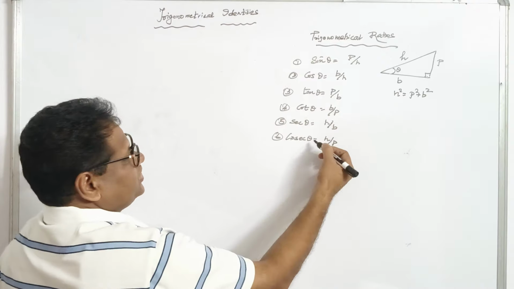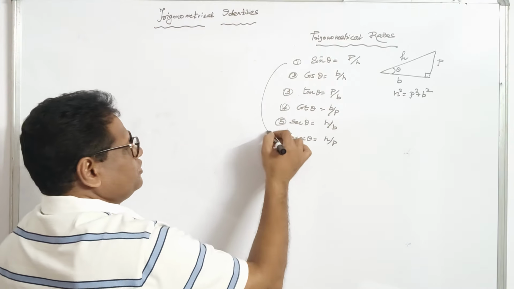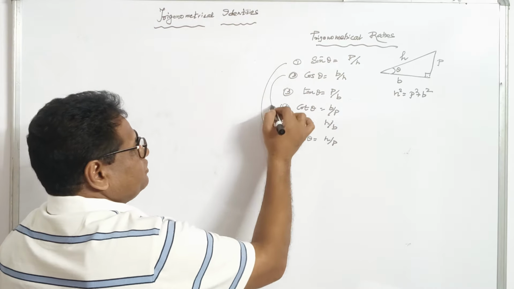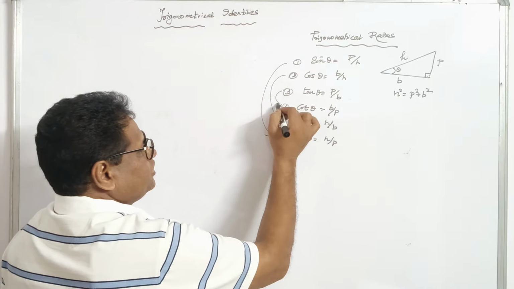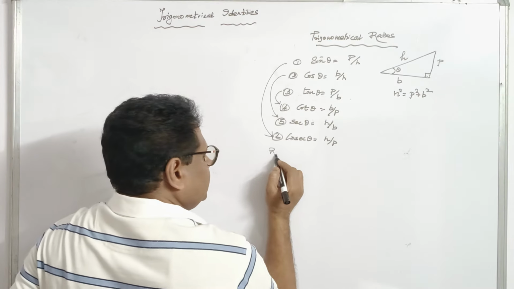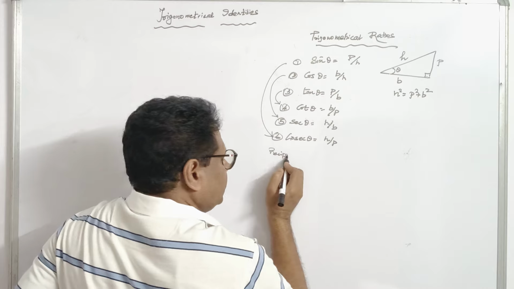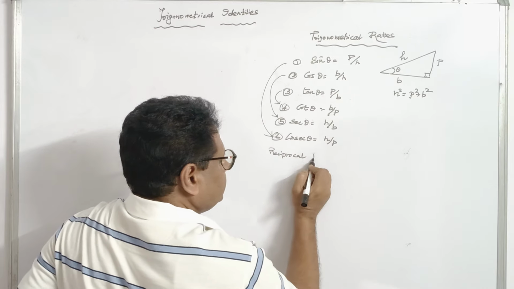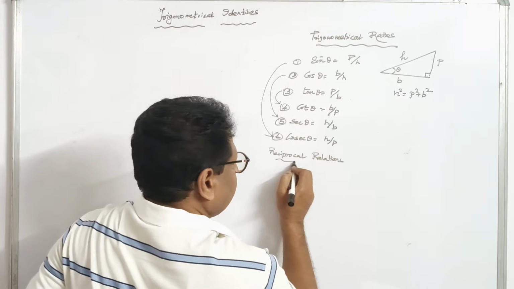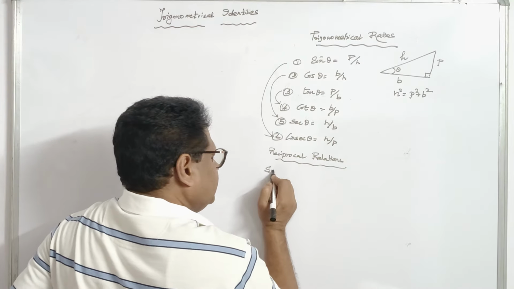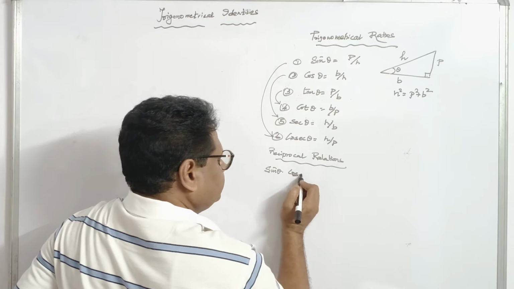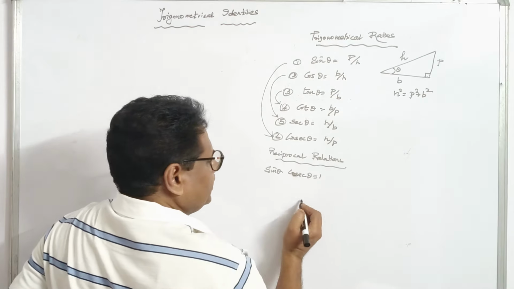If you observe these six ratios, the first is the reciprocal of the sixth, the second is the reciprocal of the fifth, and the third is the reciprocal of the fourth. That is, if you sum up the reciprocal relations, we have sin theta into cosec theta equals 1.